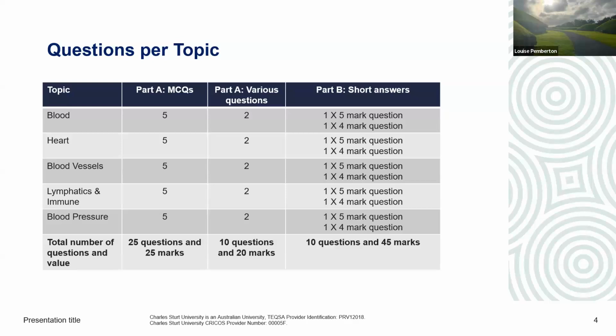Those are the 20 marks. And then for part B, these are not going to be all written response ones. Some of these will be matching ones as well, but because they might be worth 5 marks, they might be matching more things. And there are some written answer ones.